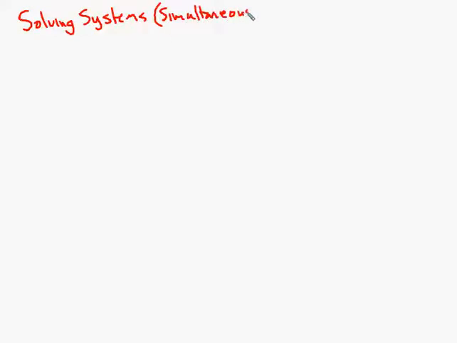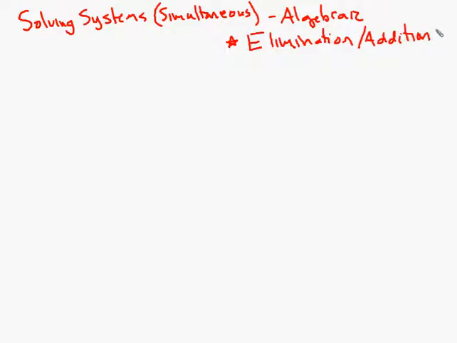No. And we're using algebraic methods, but today, instead of doing substitution, we are going to do what's called the elimination method, which is sometimes called the addition method, depending upon who you're talking to. But the concept's going to be the same regardless. The addition/elimination method. It's going to be the same process.